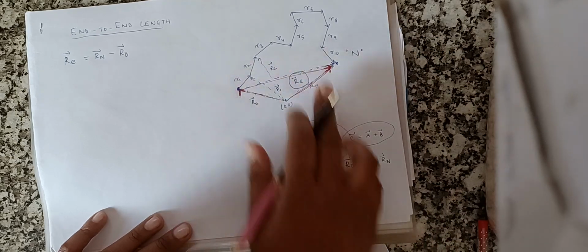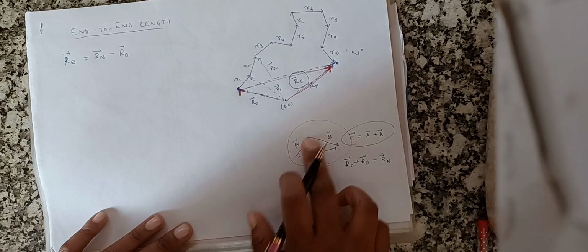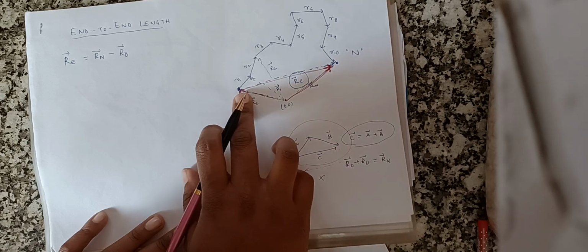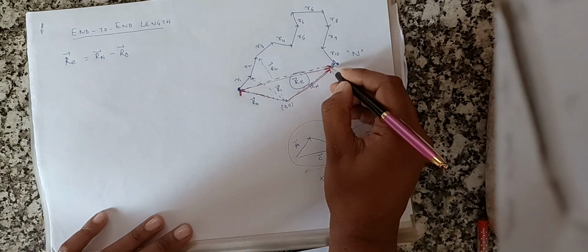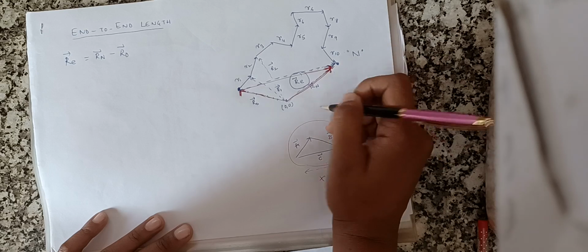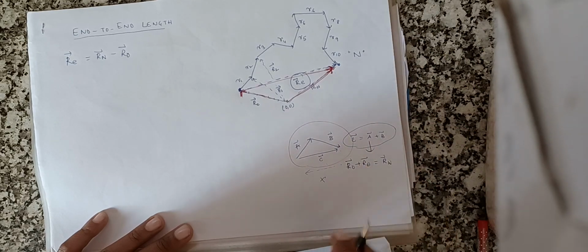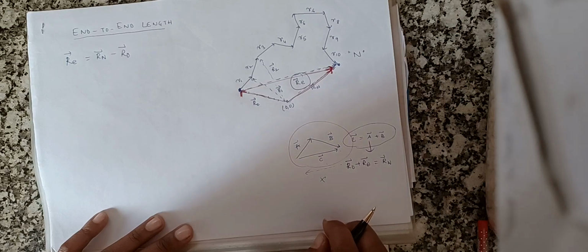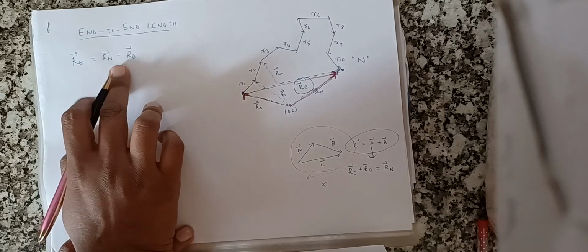In this notation, R0 is this direction, Re is also this direction. So A and B, and C is going to be the other direction, and that is your Rn. Rn is in the other direction, right? This is what comes from the triangle law of vector addition, and from there we write Re is equal to Rn minus R0.